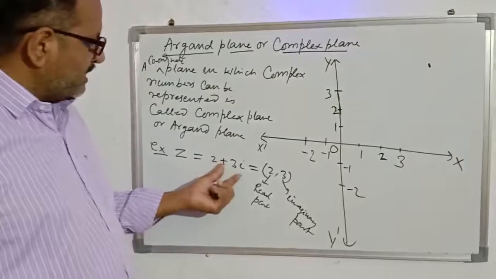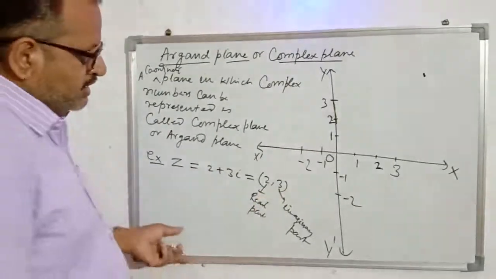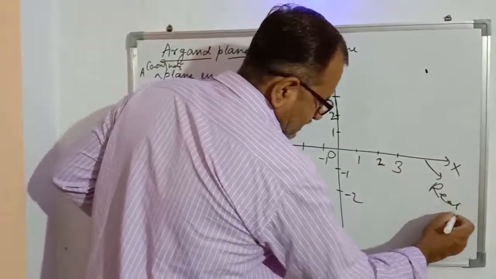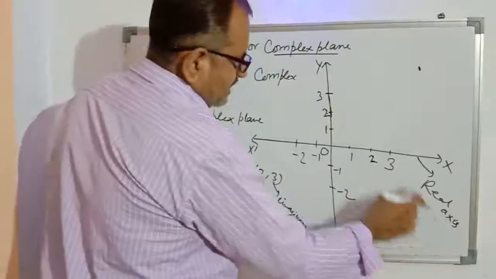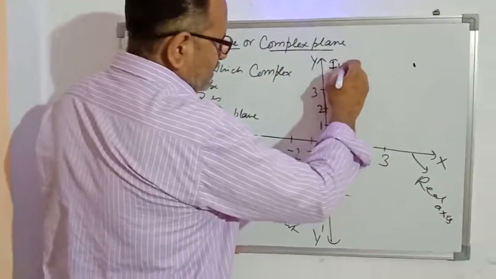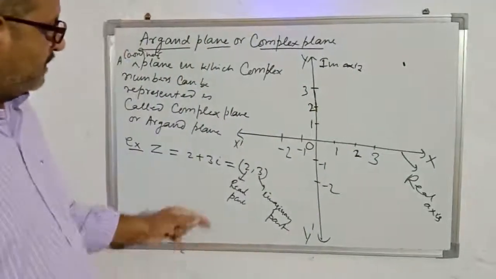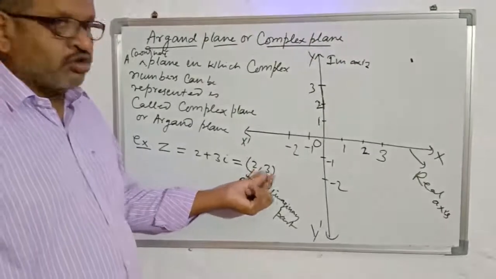The corresponding point of 2 plus 3i is (2, 3). If we take the x-axis as the real axis and the y-axis as the imaginary axis, then we will plot the point (2, 3).